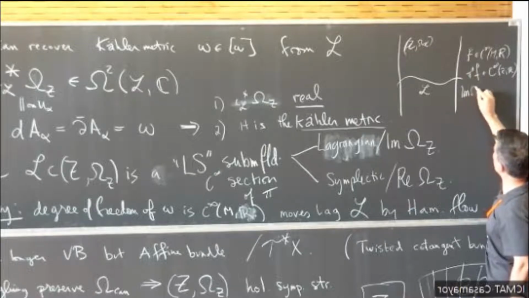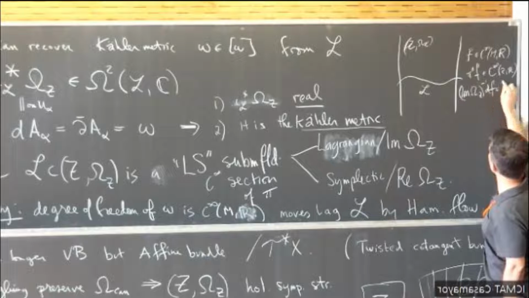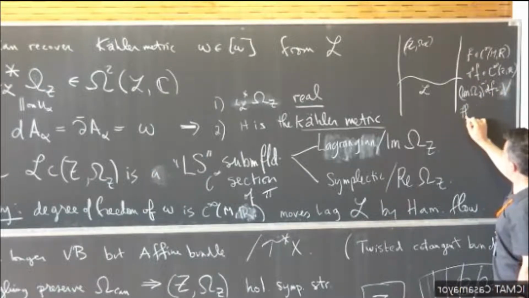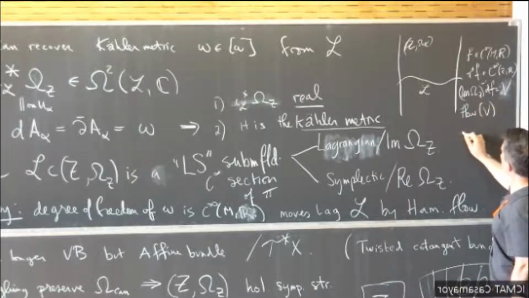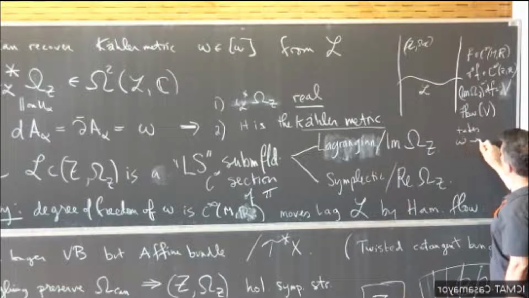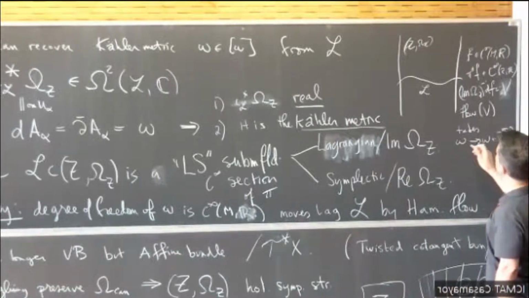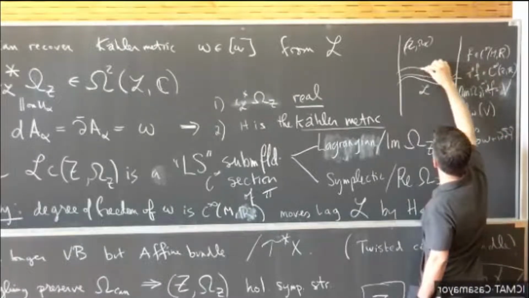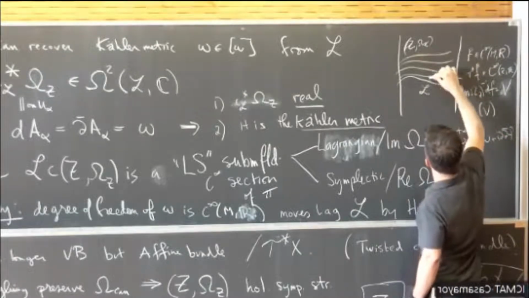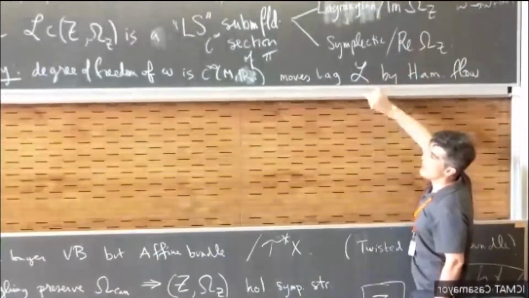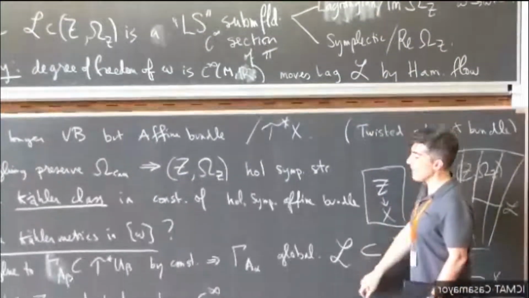I can take imaginary omega Z inverse df, and produce a vector field, let me call it V, and the flow of V takes omega to omega plus i dd bar of a function. Moving the Lagrangian submanifold, maintaining the fact that it's Lagrangian.